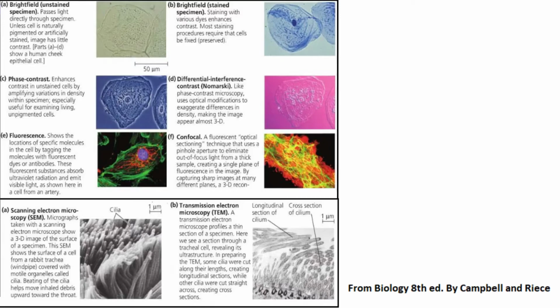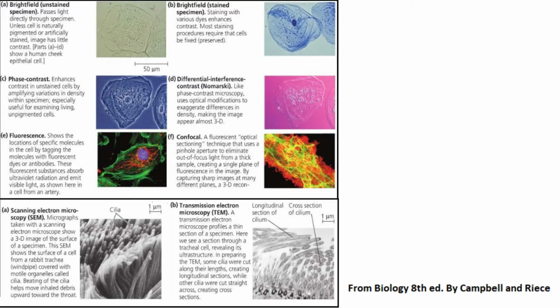So in the nanotechnology world, we have scanning electron microscopy and transmission electron microscopy. It's more quantum physics at this point, but let's focus on what it does. You have a micrograph from a scanning electron microscope, a 3D image of the surface, and this image shows the surface of a cell from a rabbit trachea.